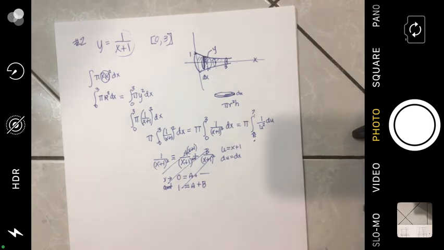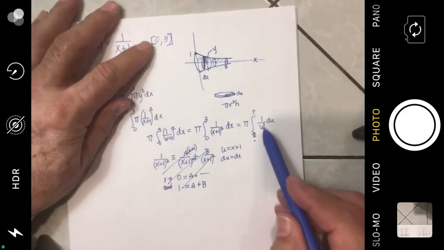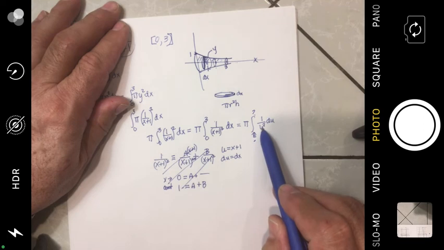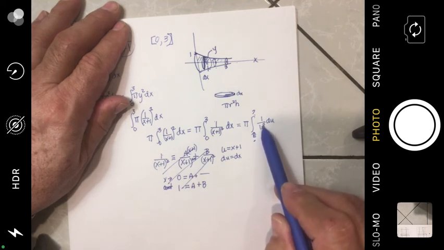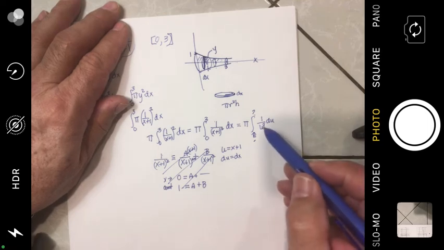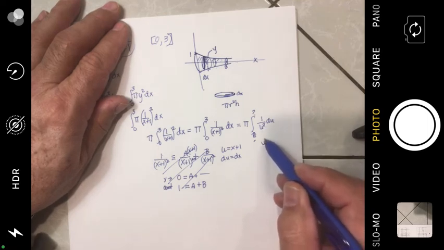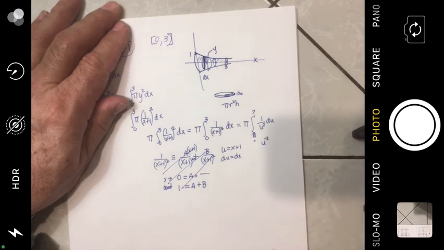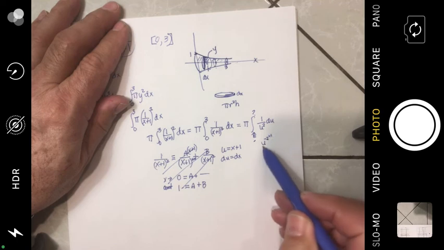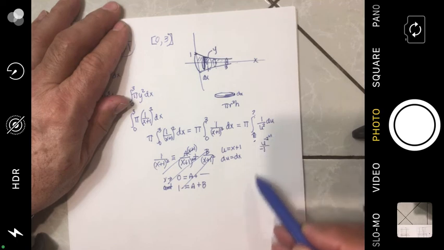And some people have been thinking anytime there's a denominator, it's ln. No, it's only if the denominator is like x to the 1 or u to the 1, to the 1 power. When it's 2, this is like u to the negative 2. To integrate it, you add 1, which makes negative 1, and you divide by negative 1.